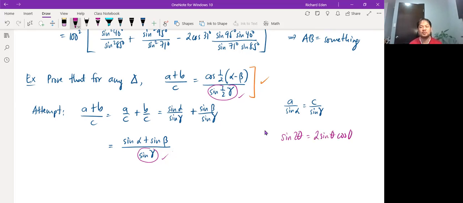All right, which means, on the left side, if you start with the larger angle, sine of gamma, 2 sine gamma over 2 cosine gamma over 2, which means we can replace the denominator with 2 sine half of gamma cosine half of gamma. And you see how, hey, we already have sine of half of gamma there.